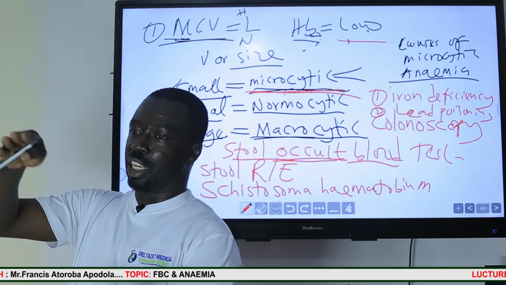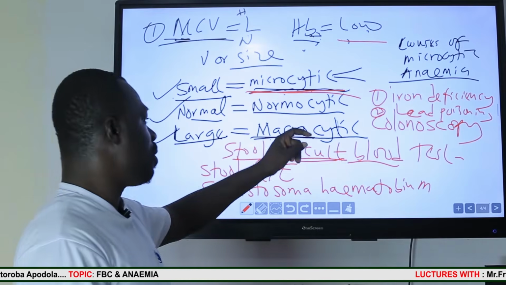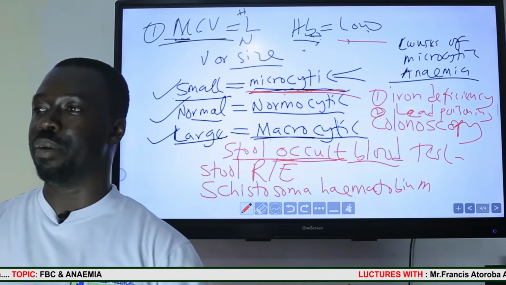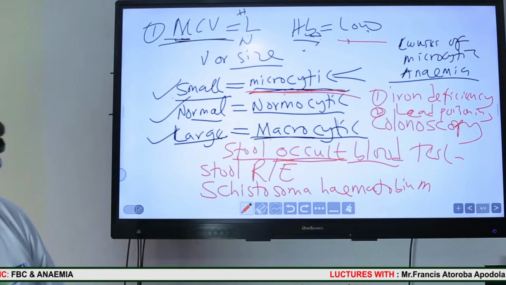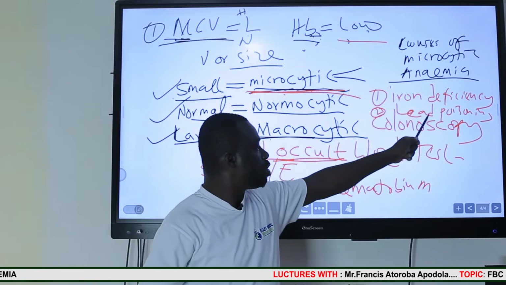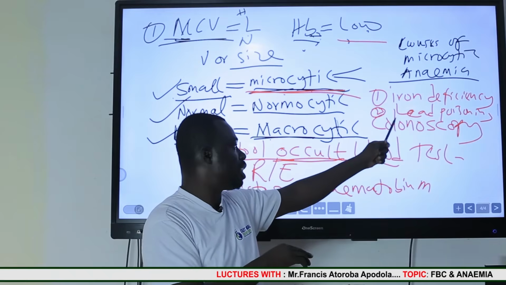So as the lead metal accumulates in their system, it can result in iron deficiency. It actually interferes with the metabolism of iron. It creates a picture of iron deficiency, but it is not iron deficiency.